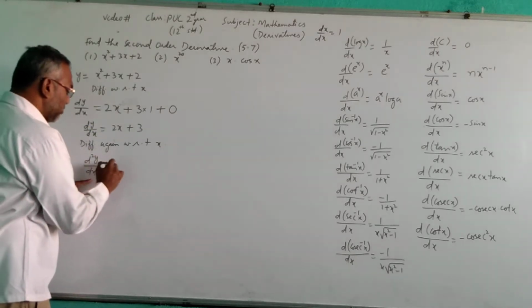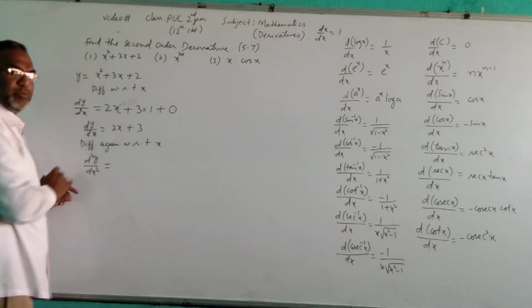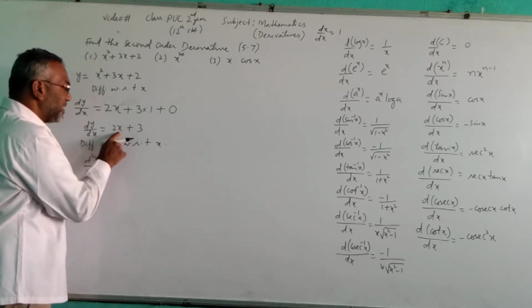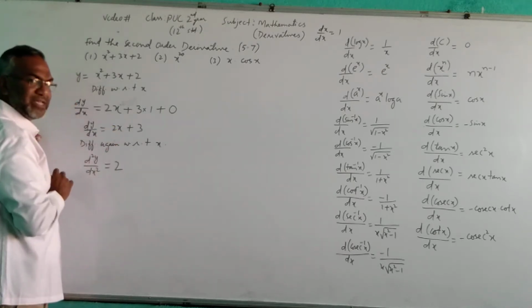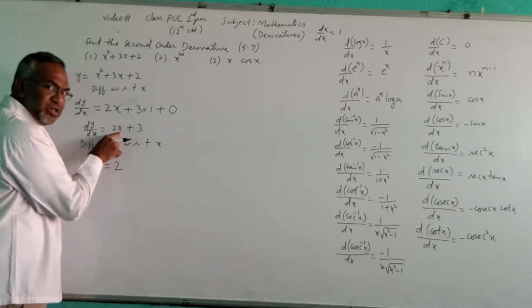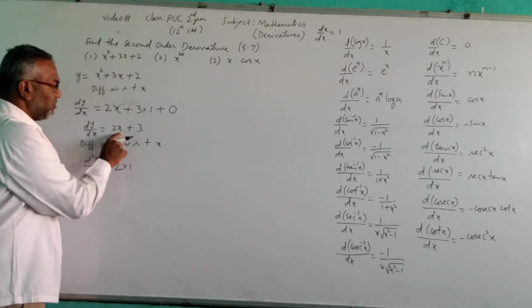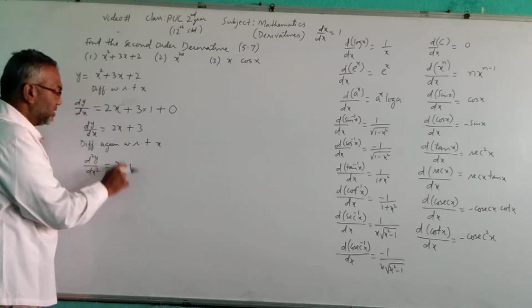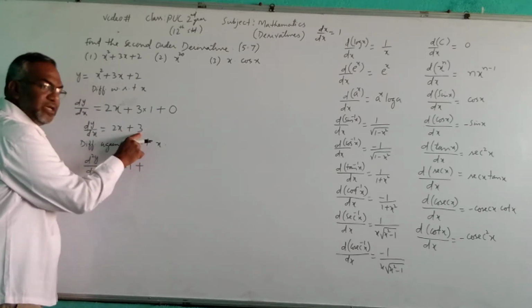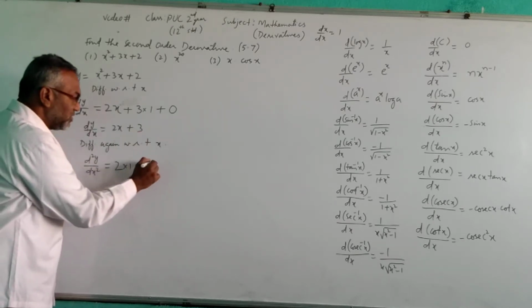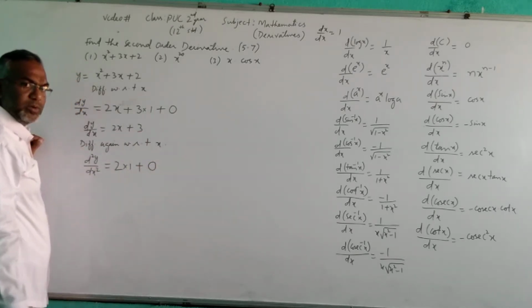The second order derivative will be equal to, differentiate this again. Now 2 is multiplied to x. When a constant is multiplied to a function, that constant is kept as it is, and we differentiate the function. Differentiation of x with respect to x is 1. Then plus 3, which is a constant again, so its differentiation is 0.